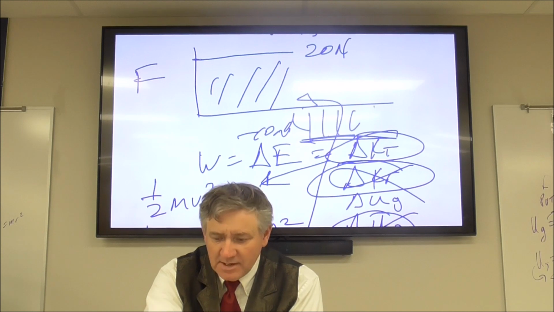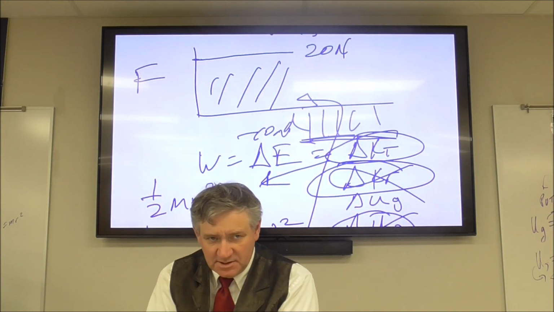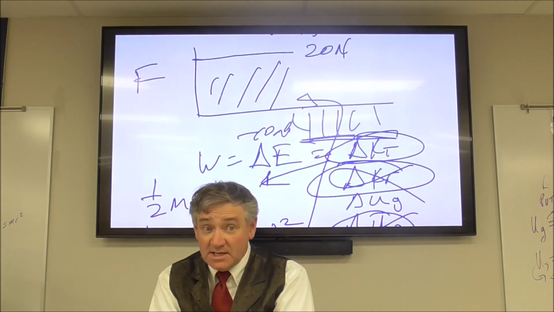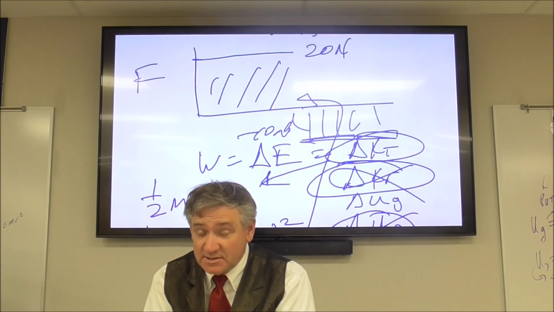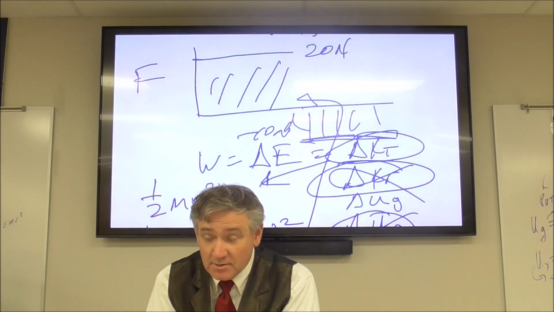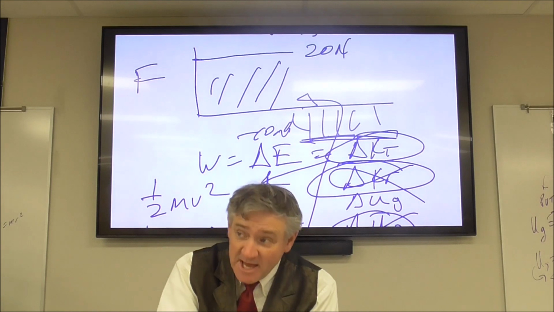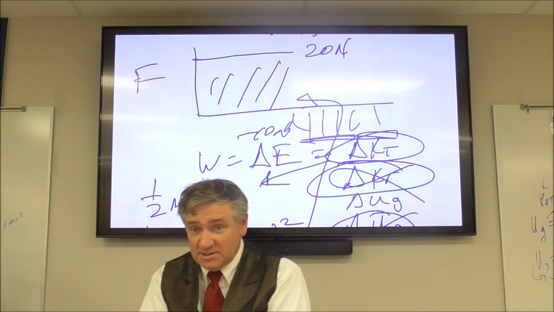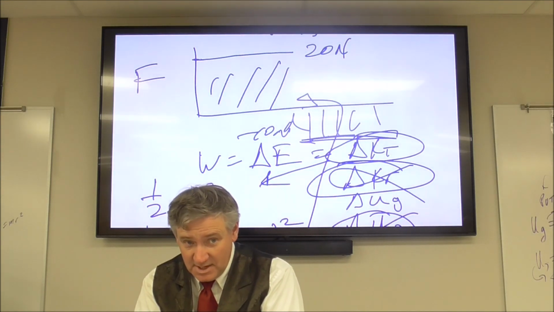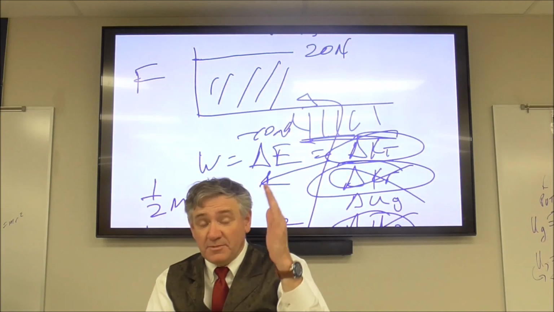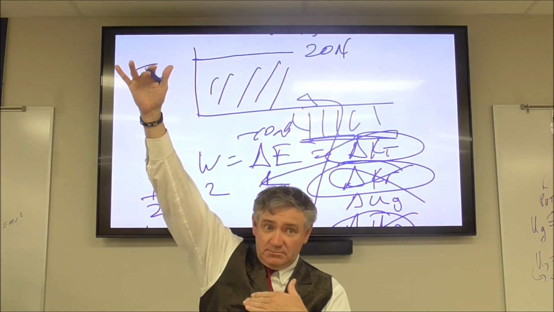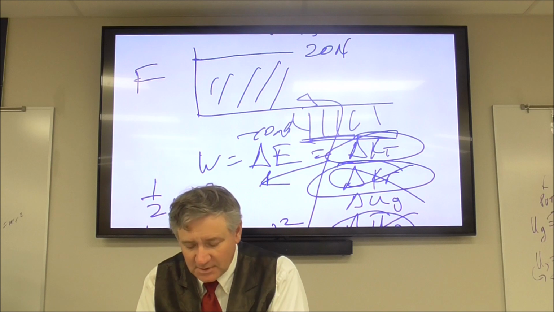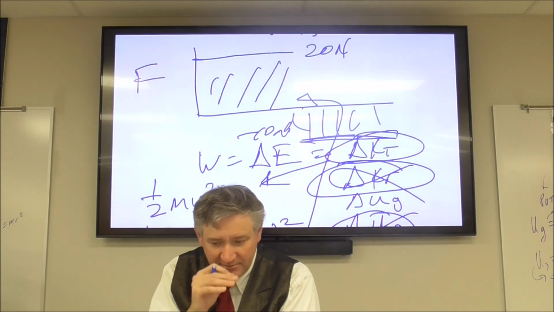Now what's going to happen to the kinetic energy? Is the kinetic energy going to turn negative? No. Energy's always positive. Is the change in kinetic energy going to turn negative? Yes, because I'm going from a positive kinetic energy to a negative value.